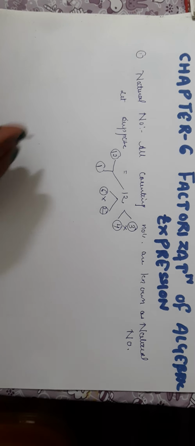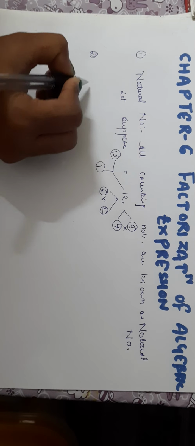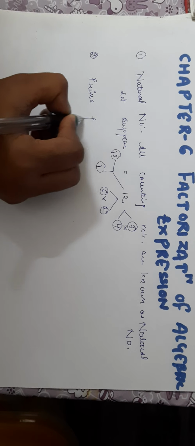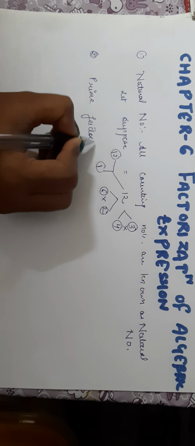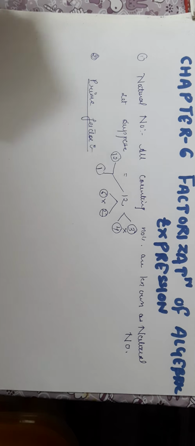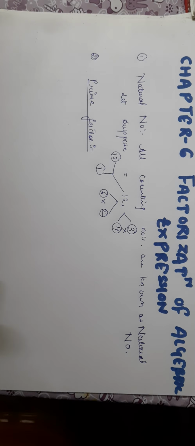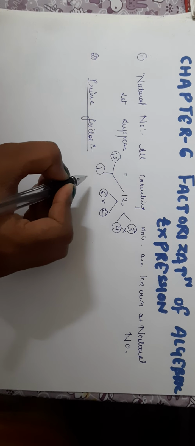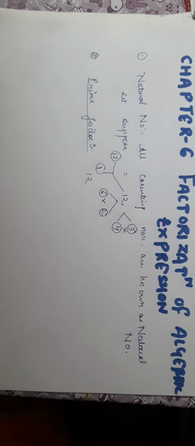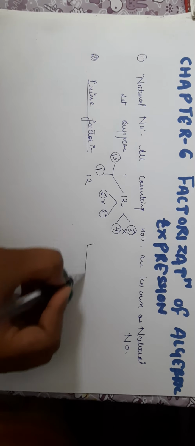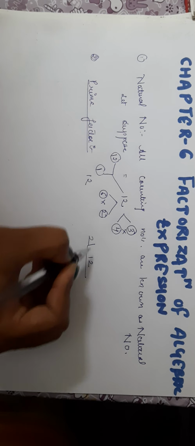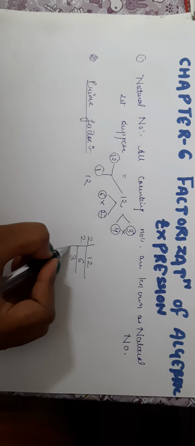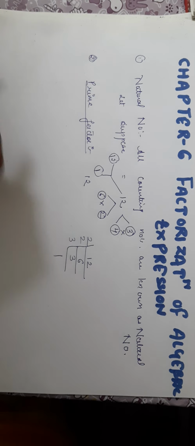Before this, let's study prime factor. As you have studied prime factorization, that is only the prime factors. Now, on prime factorization, what will be the factors for 12? 2 sixes are 12, 2 threes are 6, and 3 ones are 3.